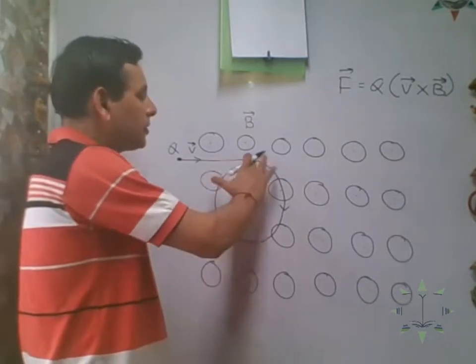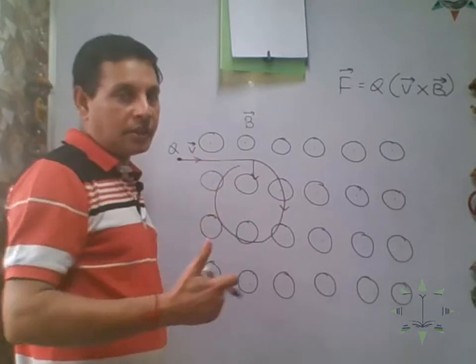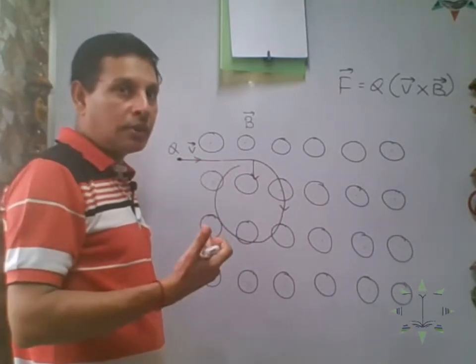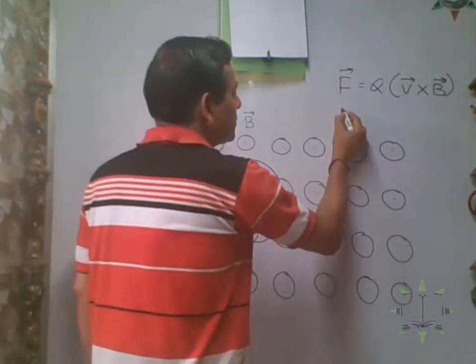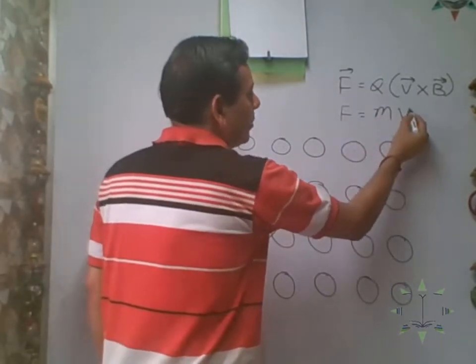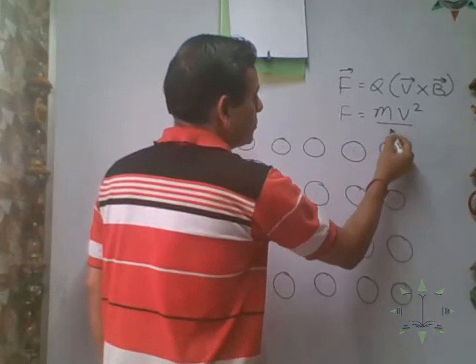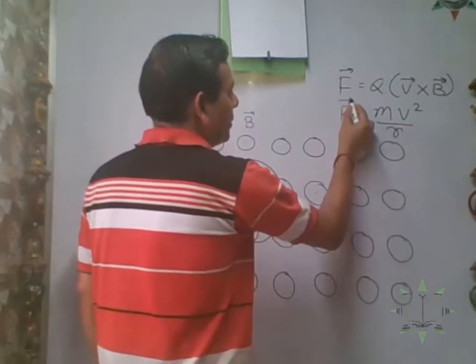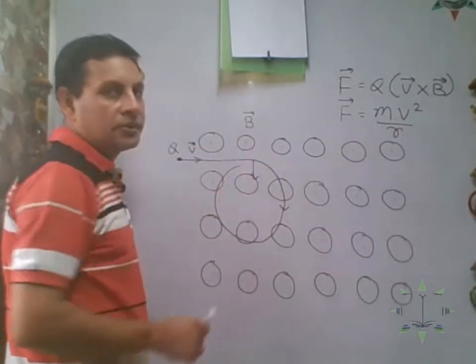The charged particle will trace a circular path. And what is the centripetal force? Centripetal force is the mass of the charged particle times v square, the velocity square, divided by r. This force is directed towards the center.